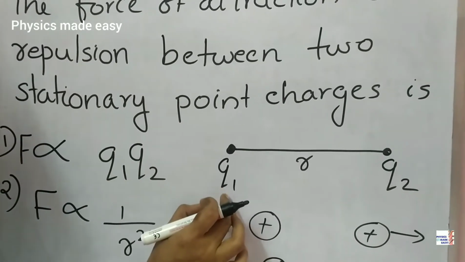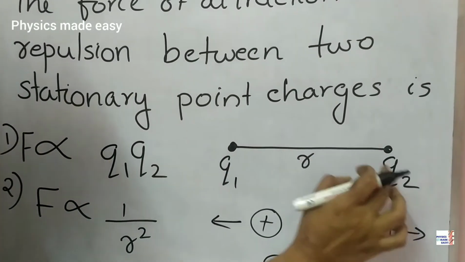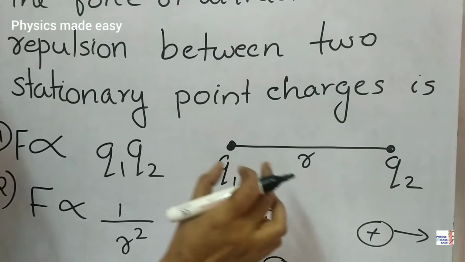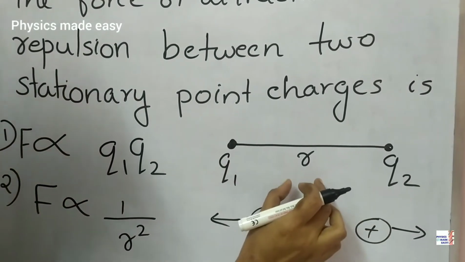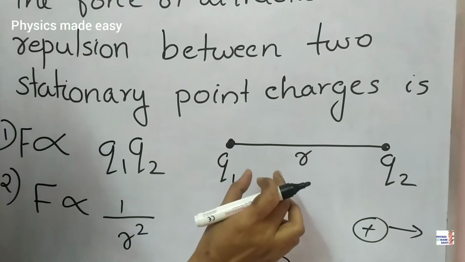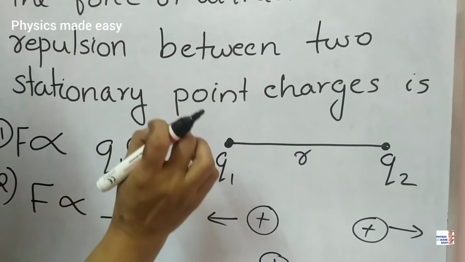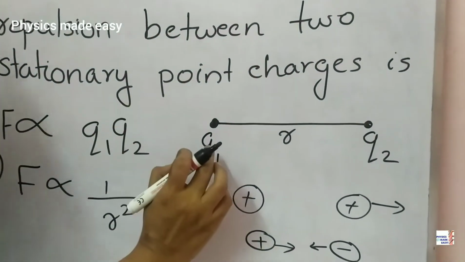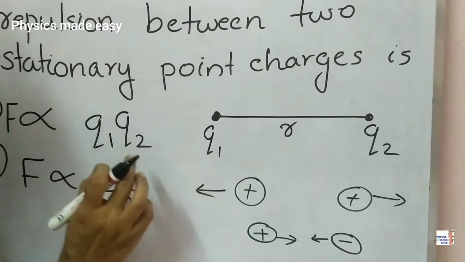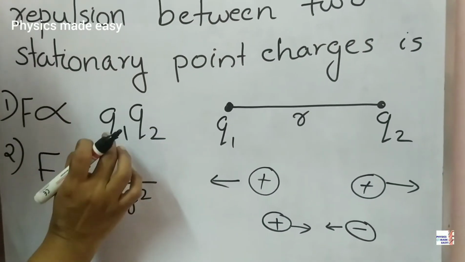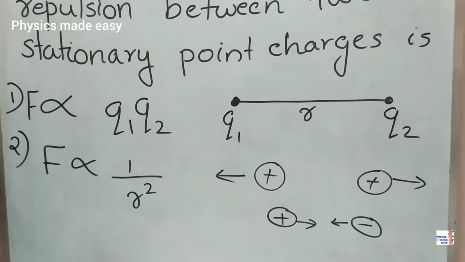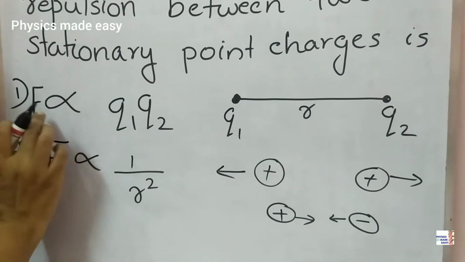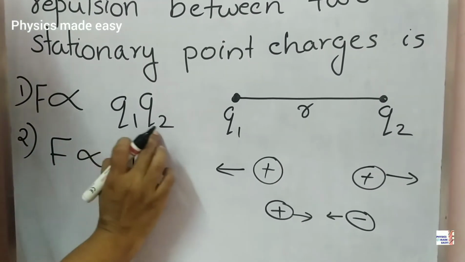Here you can see two charges Q1 and Q2, separated by a distance r. So the force between these two charges, may be attraction or repulsion, is directly proportional to the product of charges Q1 and Q2. So we can write F proportional to Q1 Q2.